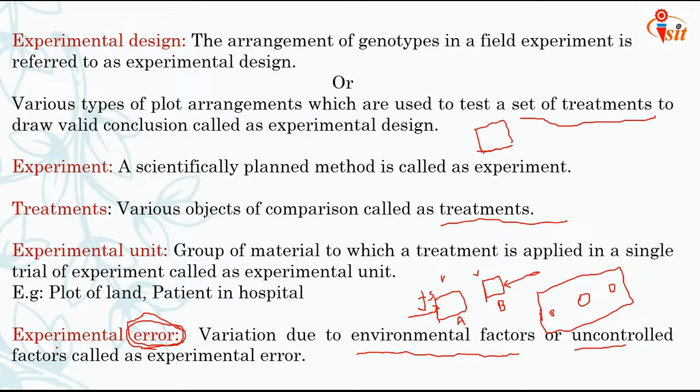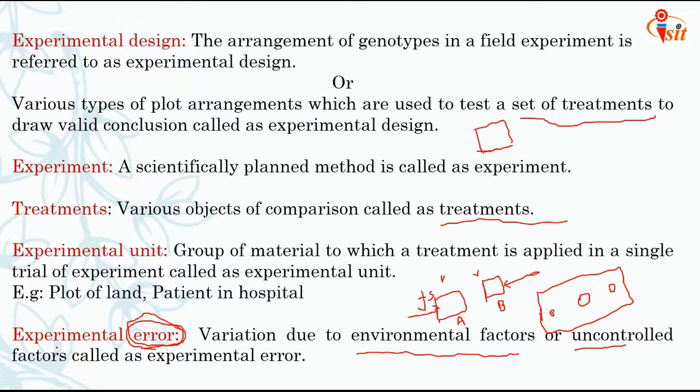So our main motto in learning experimental design is to reduce the experimental error. So we plan the arrangement of the different plants in such a way that the experimental error that will occur gets minimized.